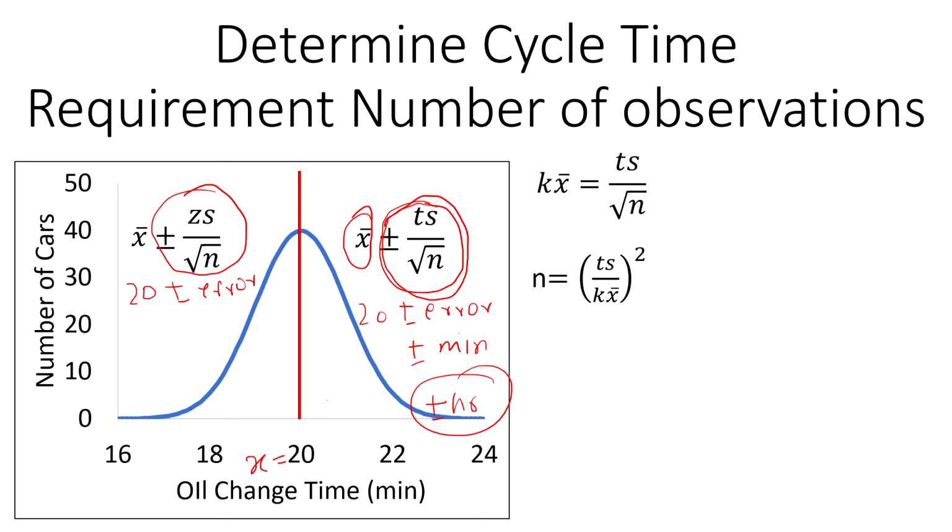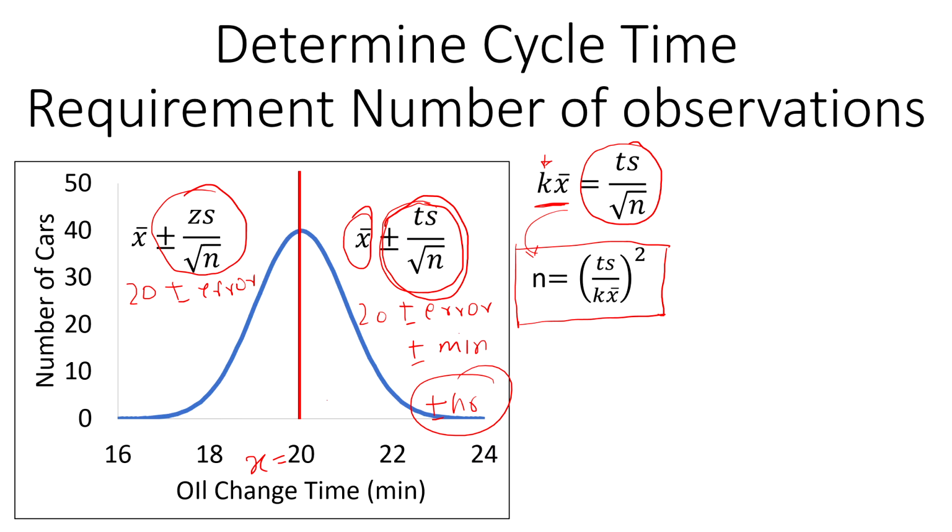We can say that the error term here, which we'll explain in Excel soon, is equal to some portion of that x, and k is that percentile value. And then we can solve it for the sample size. So that's the formula we need to determine the number of observations needed to set the standard.